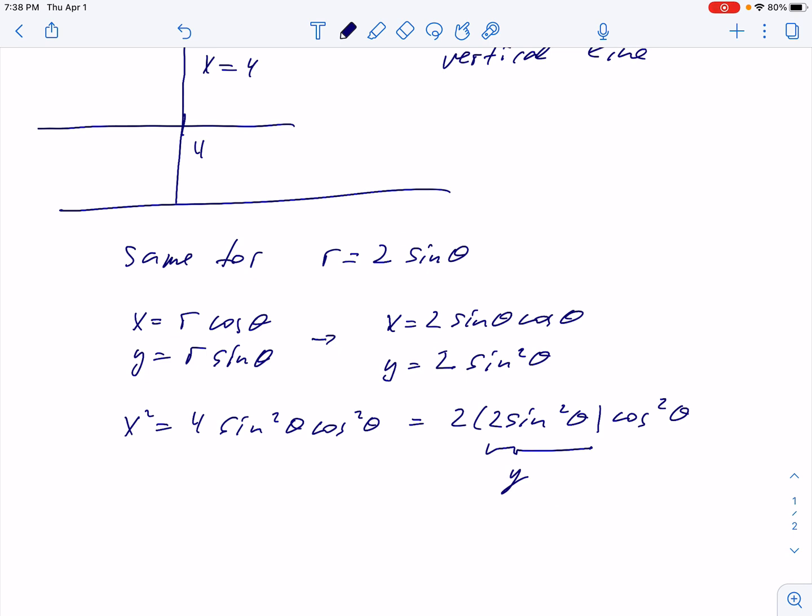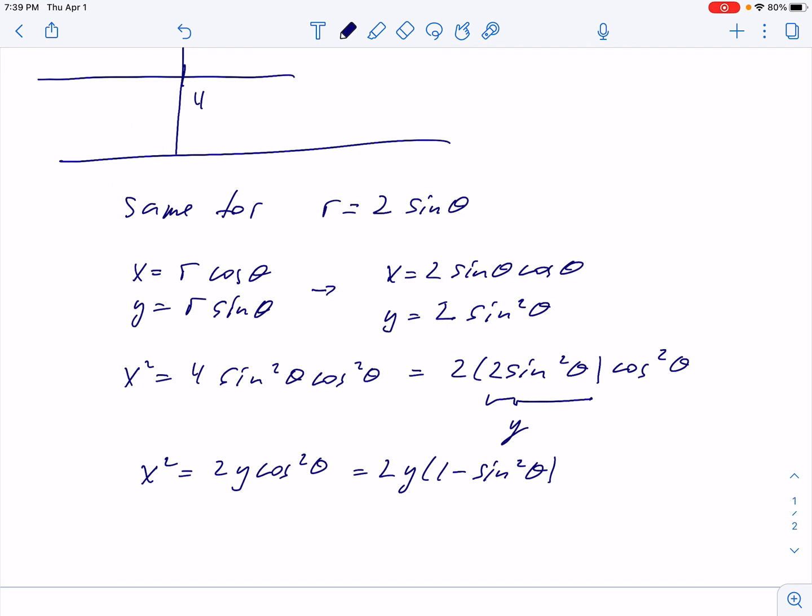So x squared we can write 2 times y cosine squared theta. Cosine squared is 1 minus sine squared. Let's write it this way: 1 minus sine squared theta.